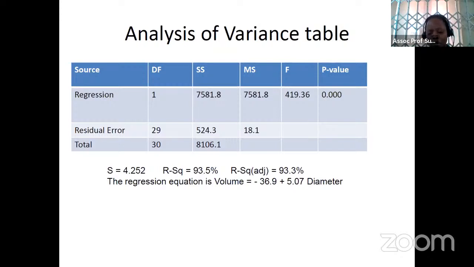That's why you see those two values are different. We use R squared adjusted when we are looking at multiple regression.